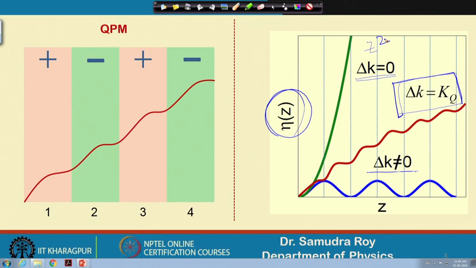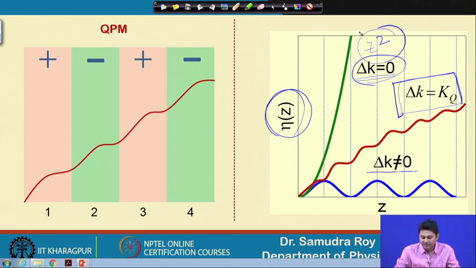But delta k equal to k q is an intermediate process, where we can improve the efficiency, but not the way we have with delta k equal to 0. However, delta k equal to 0 is the most unrealistic condition, because in this condition the efficiency varies as z square only when we consider the important approximation that my pump, that means the fundamental field, is constant, but in real case this is not true.